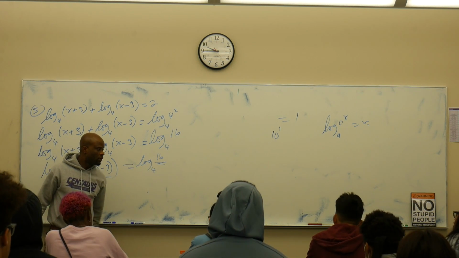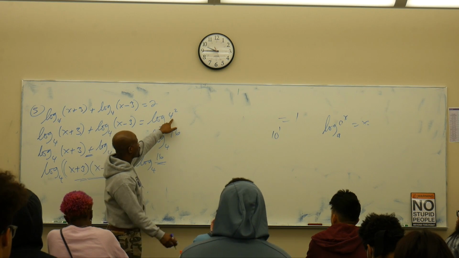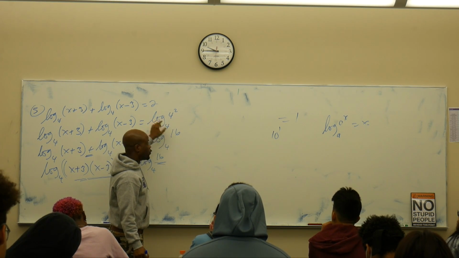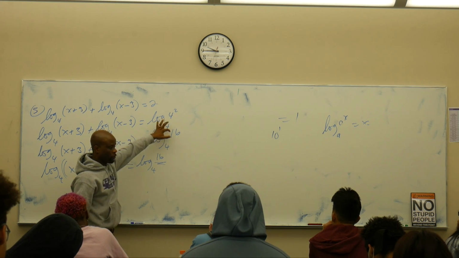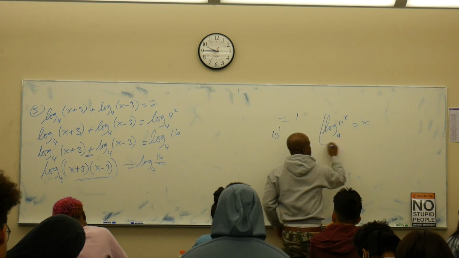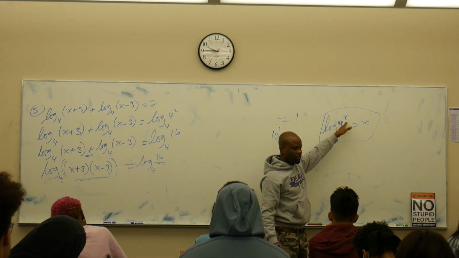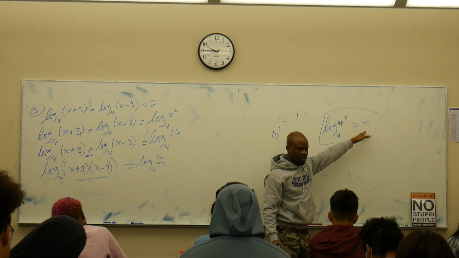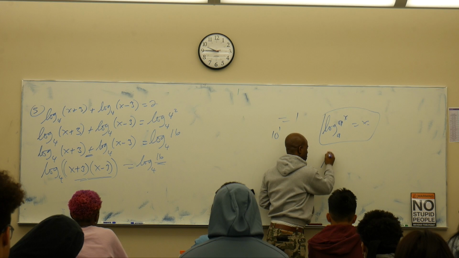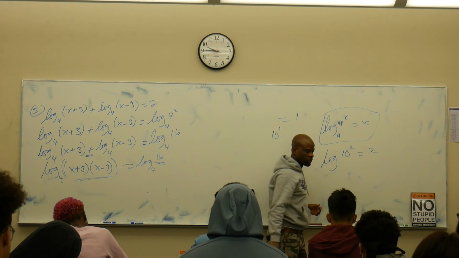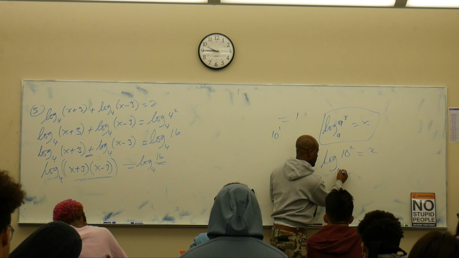How did you get 4 squared? Oh, I got 4 squared because this is a 2, and I need to write it as a base of 4, right? This is base 4, base 4. I'm using this principle that says if I have the base and the argument being the same, then the exponent is just my answer. Remember when we did log base 10 of 10 squared, we said that was a 2, because this base is a 10.